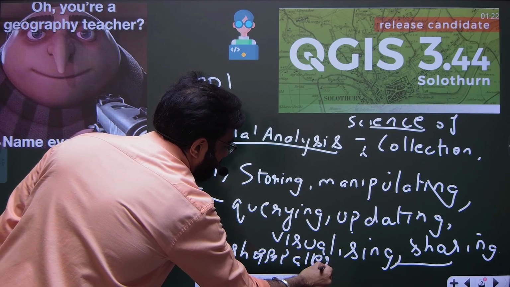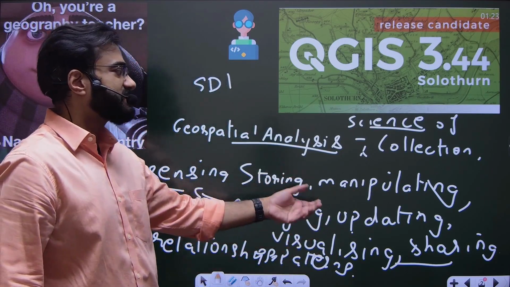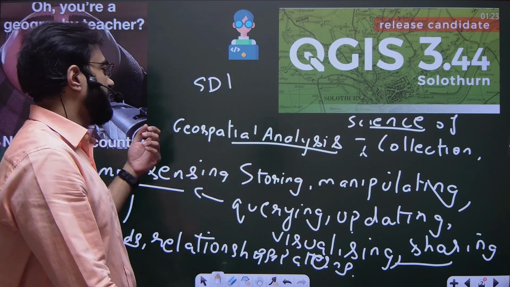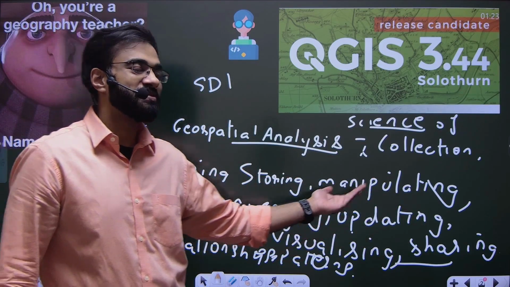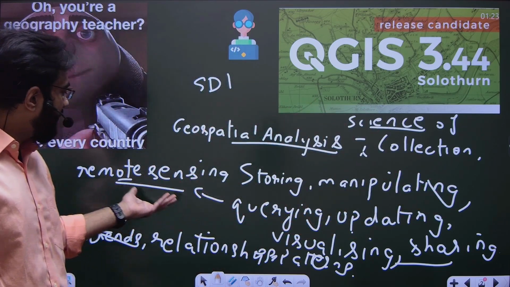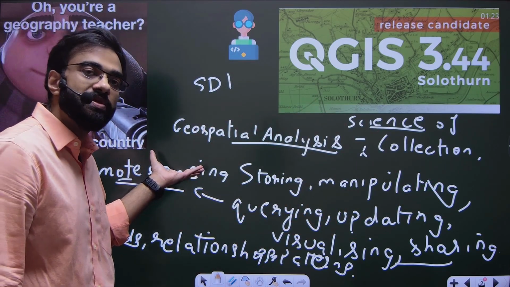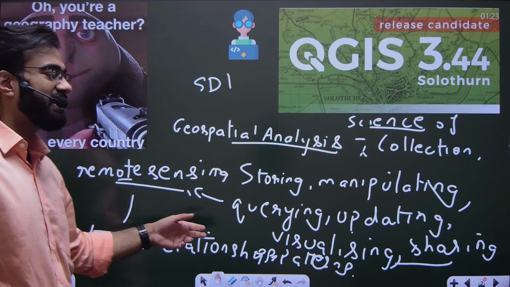So this is the definition you can write in your own words. It is a science of collecting, storing, manipulating, querying, updating, visualizing, presenting, sharing the geographical data collected through technology such as remote sensing and GPS to study trends, relations, and patterns.